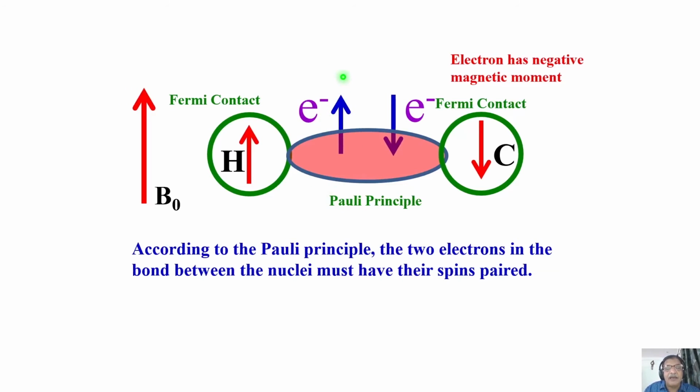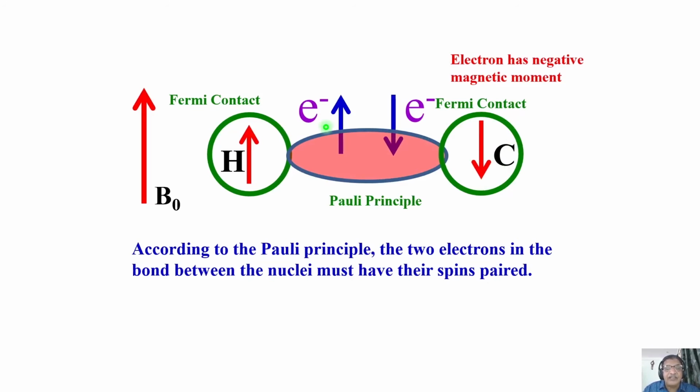So when this is in the direction parallel to the field, this must be opposite to this electron. I know, because of this orientation parallel to the field, what is the orientation of this electron, and as a consequence, I know the orientation of this bonding electron. Now, this must be opposite to this electron. But I represent it in the same orientation again because this has a negative magnetic moment.